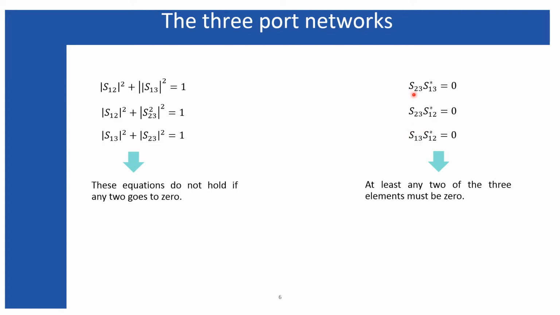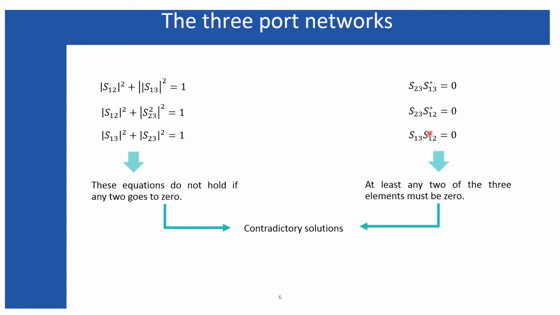So for the first case, where I am considering S12 and S23 are 0, their summation cannot be equal to 1. So these conditions are contradictory. Similarly, for each of the other combinations, we will see that all three equations contradict the equations I have obtained on the right hand side.